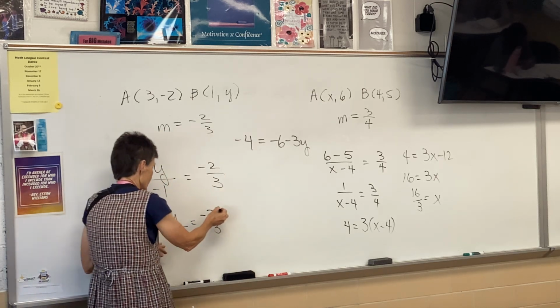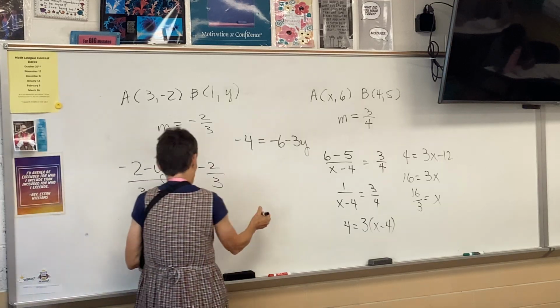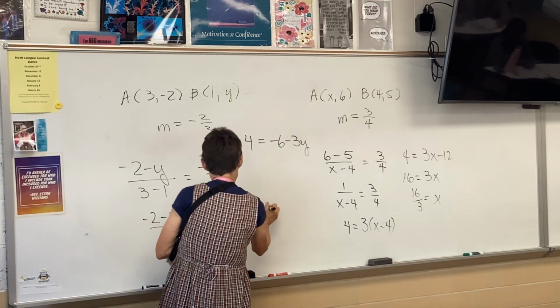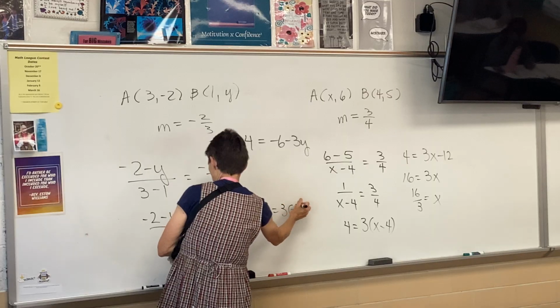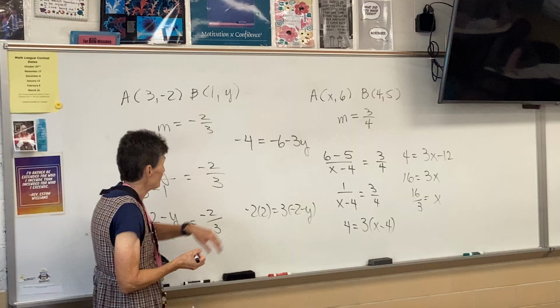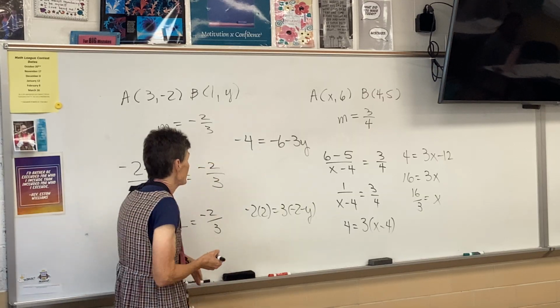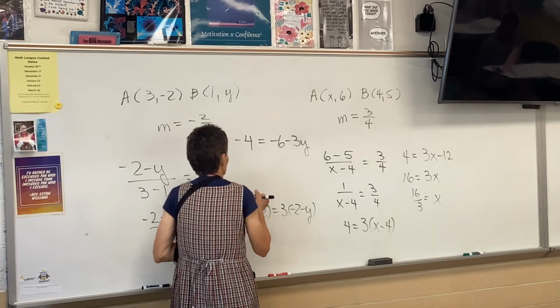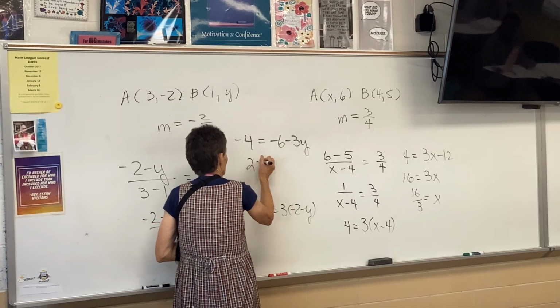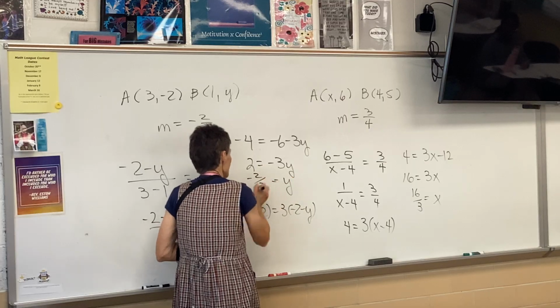I'm going to take 2 over here and 3 over here. When I distribute, I get this. So let's see, let's add 6 and divide. Did you get -2/3?